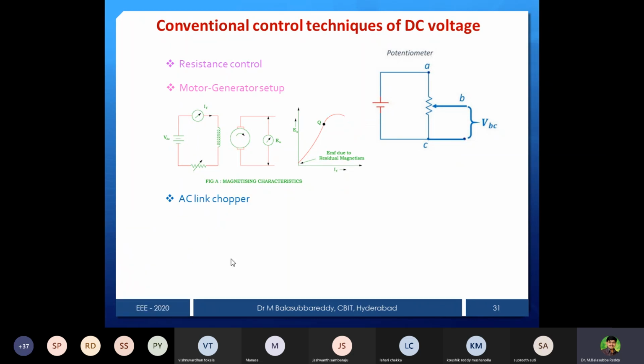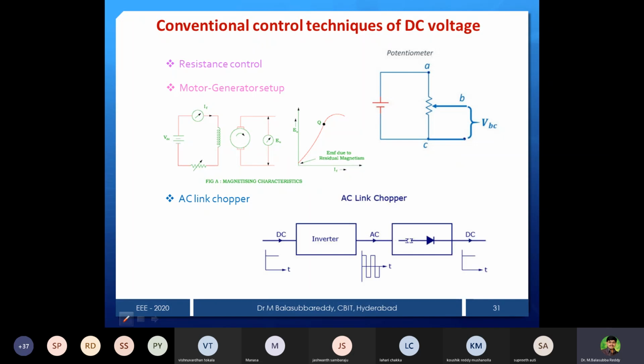And then the third method, there is an AC link chopper. You may use a combination of controllers to get a variable voltage. For that, first the inverter. What is the function of the inverter? It will convert fixed DC to variable AC.